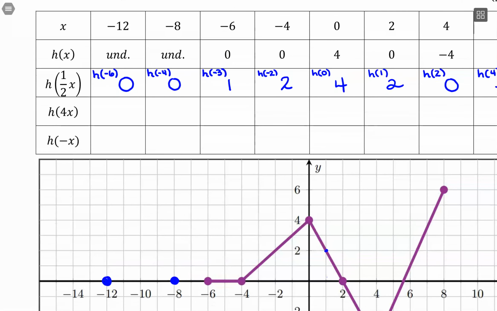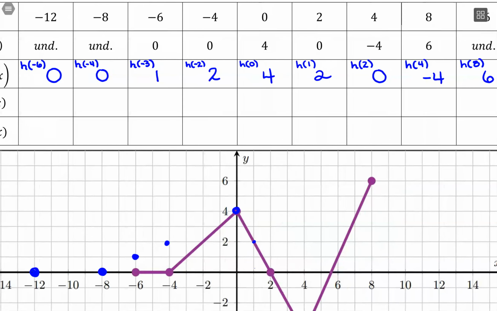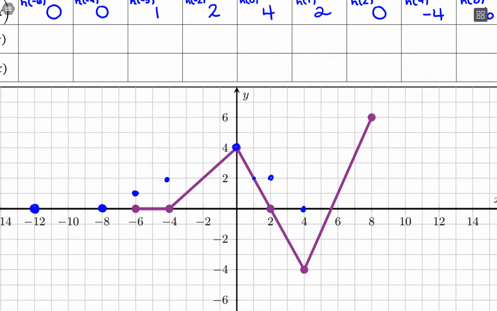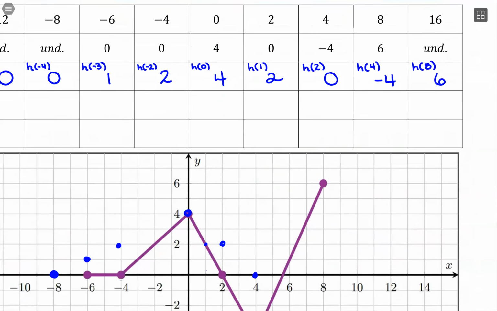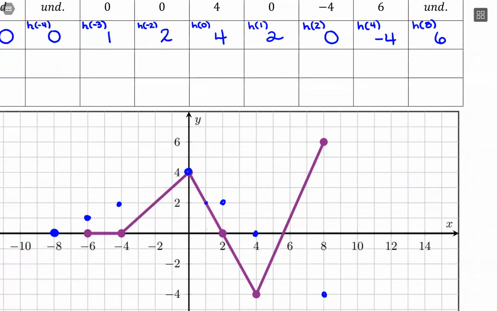At -6, we're at +1; -4, +2; 0, 4; 2, 2; and 4, 0; 8, -4; and 16, 6.